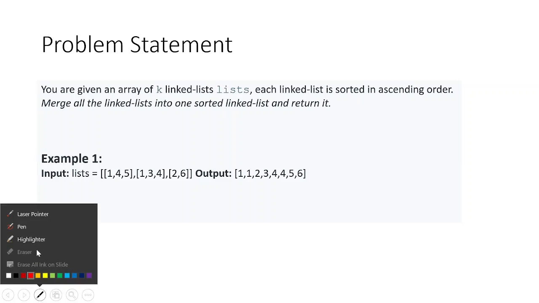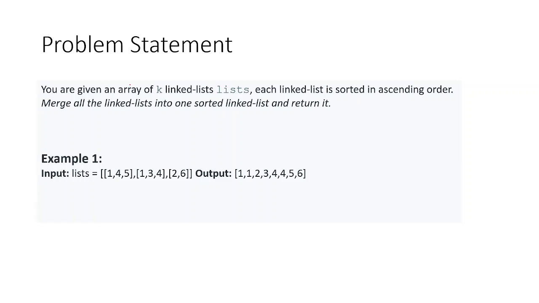What they're asking is, they have given an array of linked lists. There are many linked lists. Each linked list is sorted in ascending order. This is very important. I think this is one of the key factors that makes it a bit less complicated.